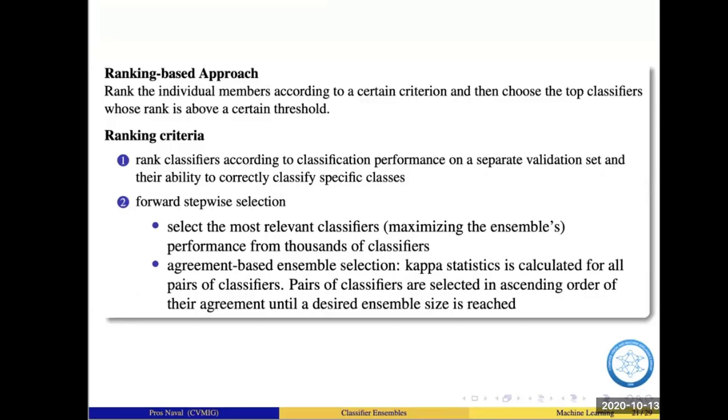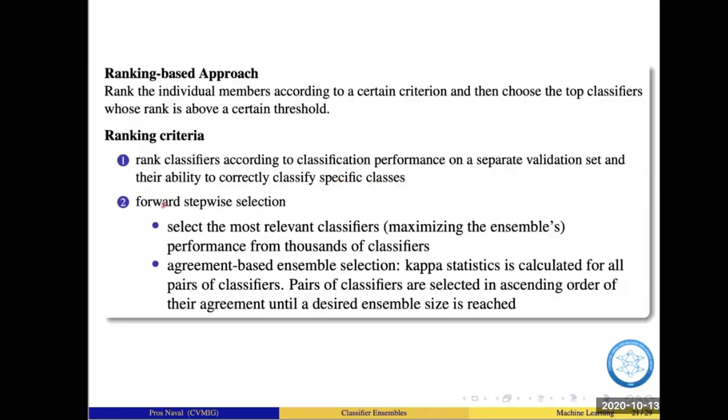Here we rank the individual members according to a certain criterion, which we will discuss here, and then choose the top classifiers whose rank is above a certain threshold. So what are these criteria for ranking? We rank the classifiers according to the classification performance on a separate validation set, of course, and their ability to correctly classify specific classes.